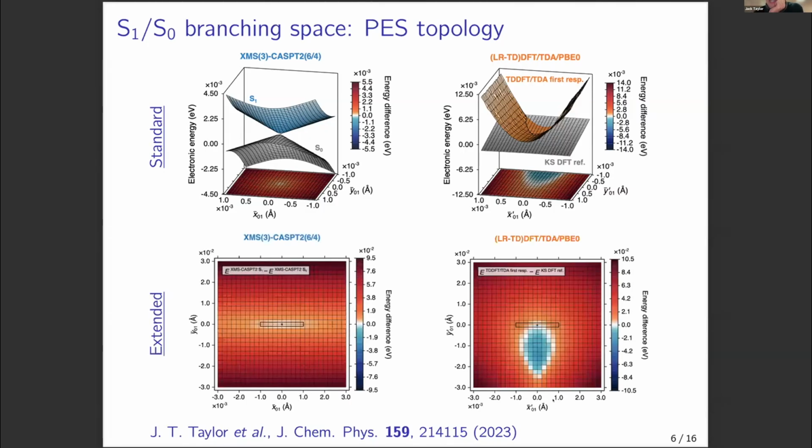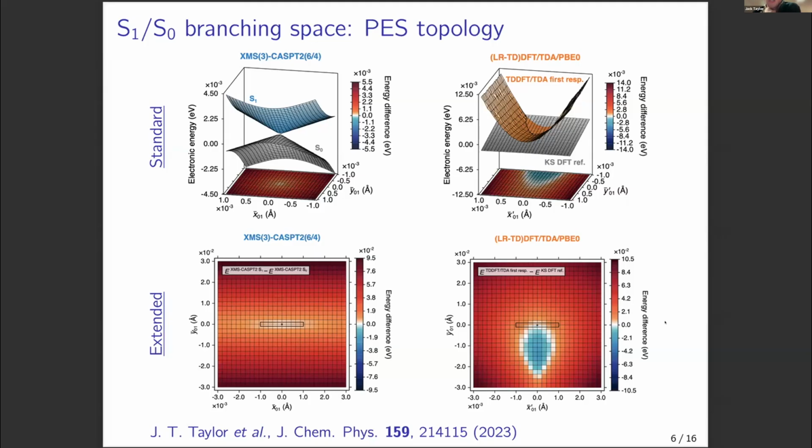So we extended along the branching plane by a factor of 3 in the x direction and a factor of 30 along the y direction. Just note these x and y coordinates are just orthonormalized versions of the g and h coordinates that I showed on the second slide. Now we see that this linear intersection along the standard branching plane is actually just a much smaller part of a much larger intersection ring along this extended branching plane.